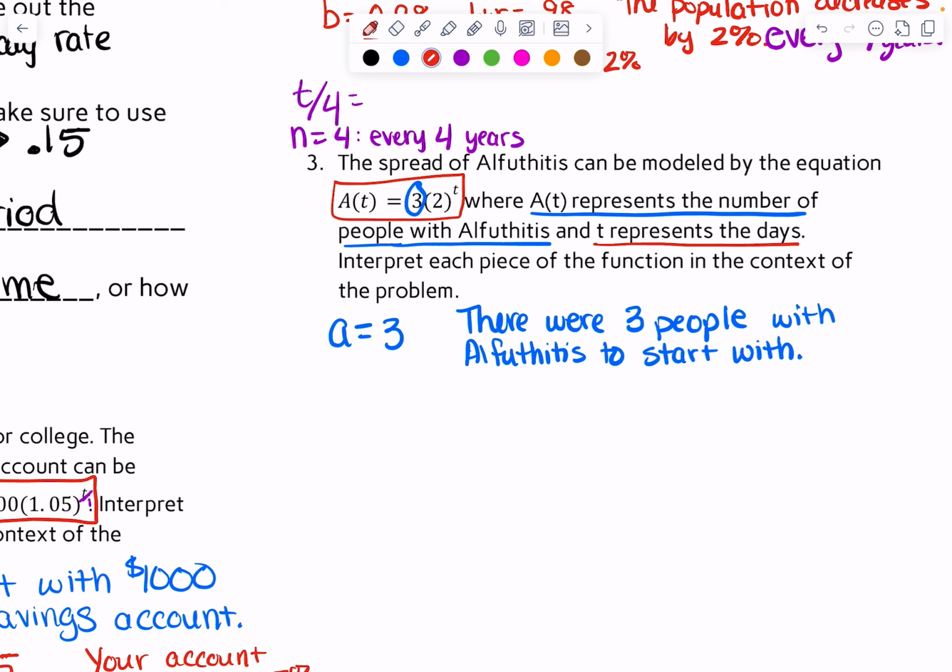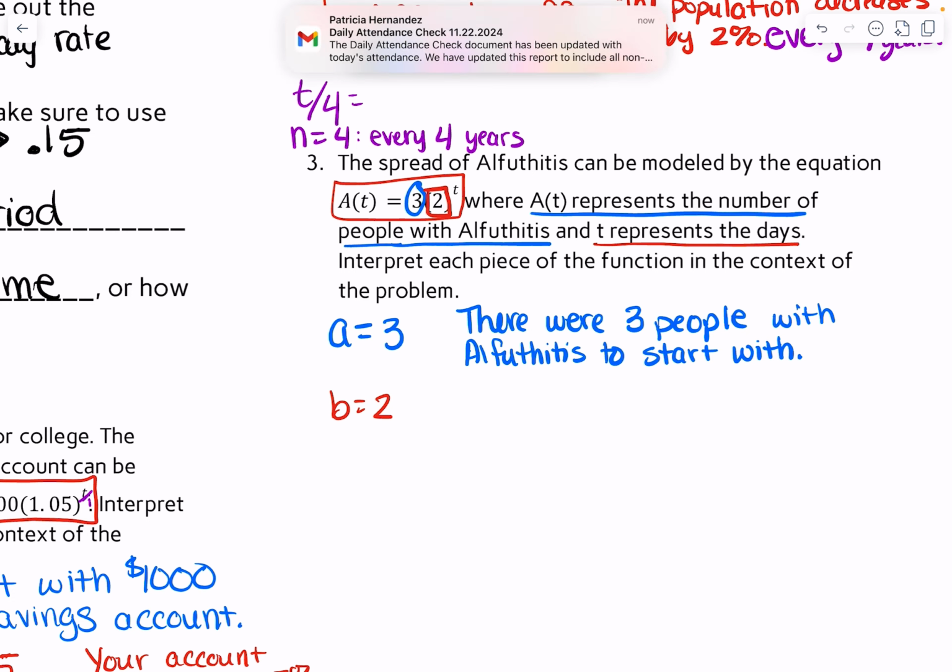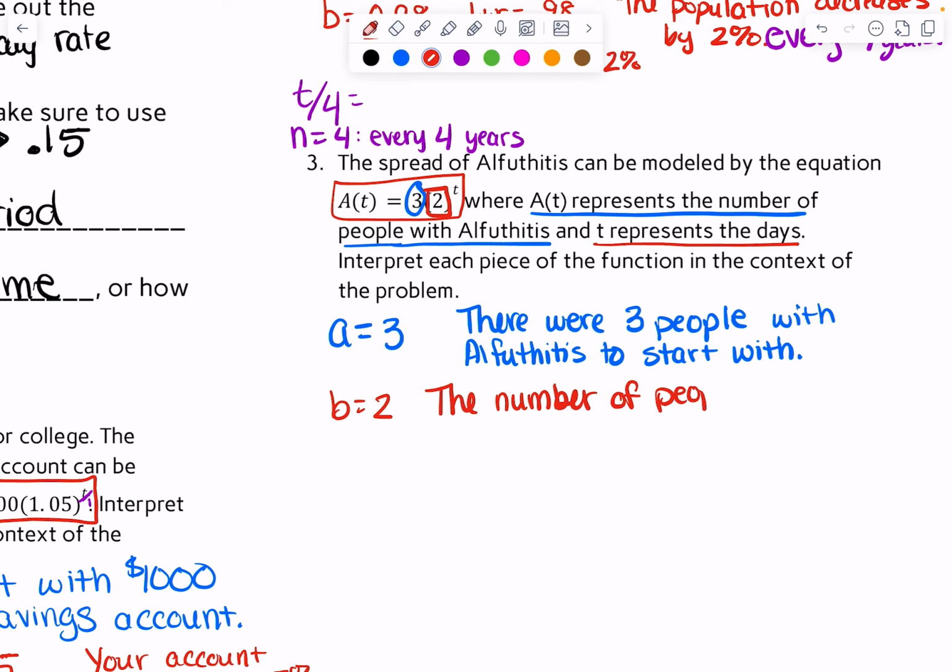And then I see my B is 2. We could use our 1 plus R to figure out the percent. But since it's a nice simple number like 2, we can also say the number of people with alpha-thytis doubles, right? Because it's being multiplied by 2.